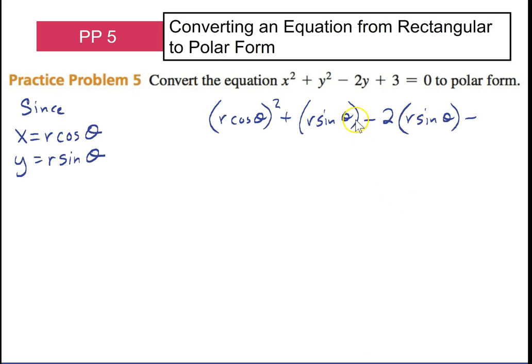Oh, I went a little bit too fast here. There should be a little 2 right over here. Right there. That's my mistake, I went a little bit too fast there. Okay.